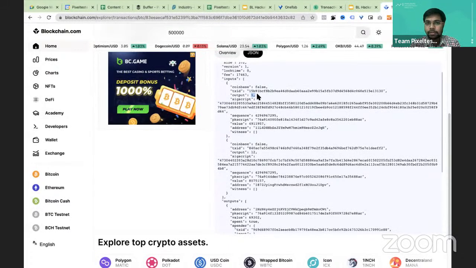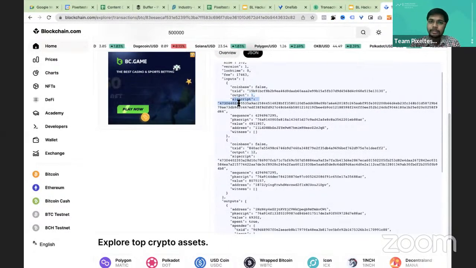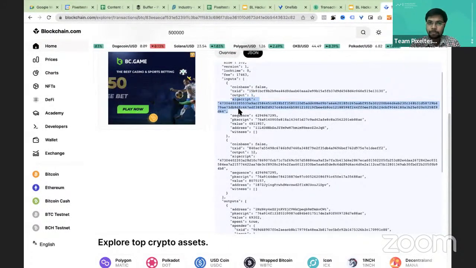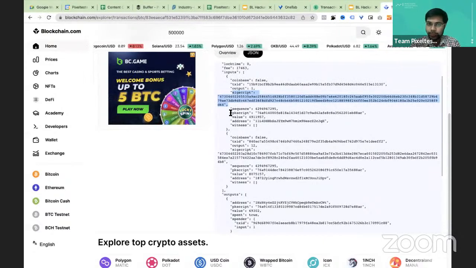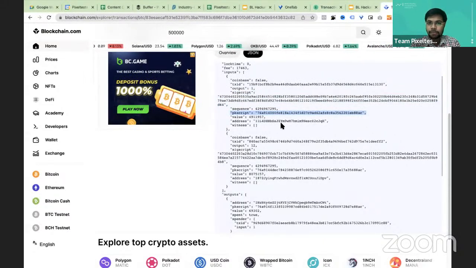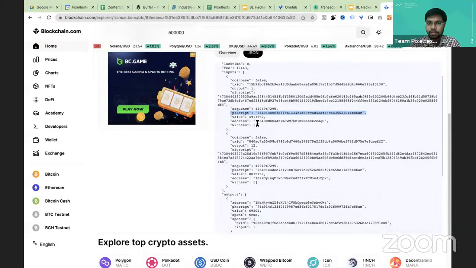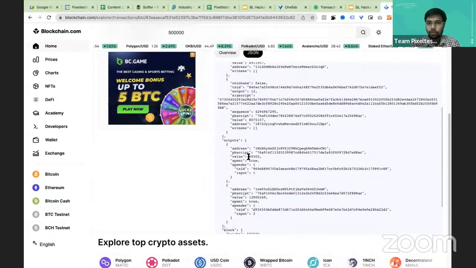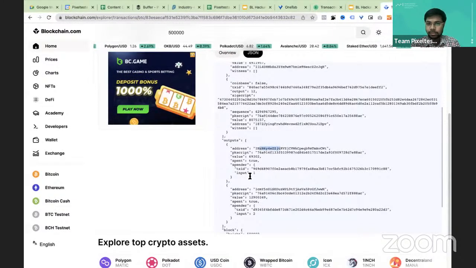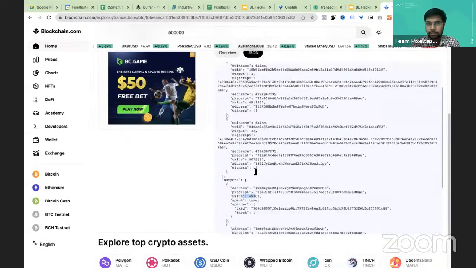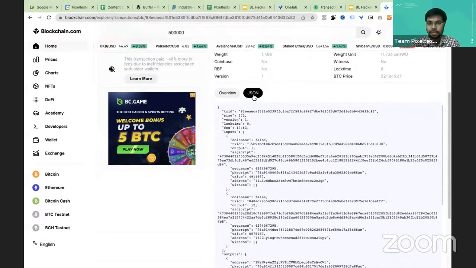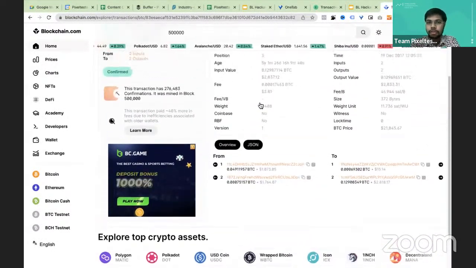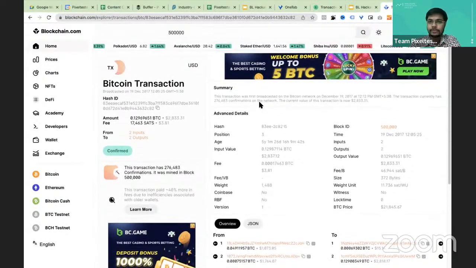There will be a sequence number and a signature script. There are other values like the PK script, the value, and the address in inputs. Similarly, in output there is the address, the amount, the transaction ID, the value, and all of these details. So this is how we have seen what all is there in a transaction.